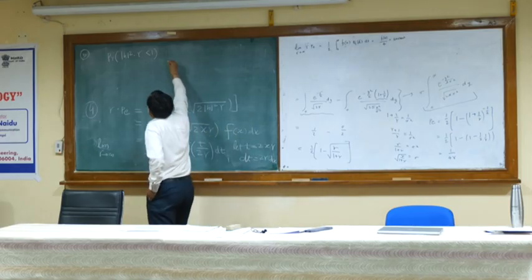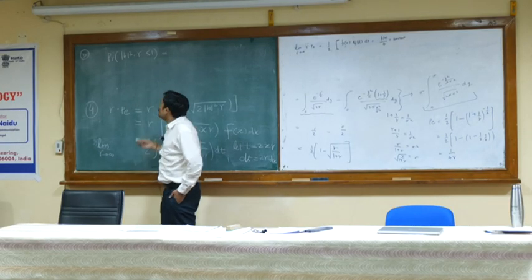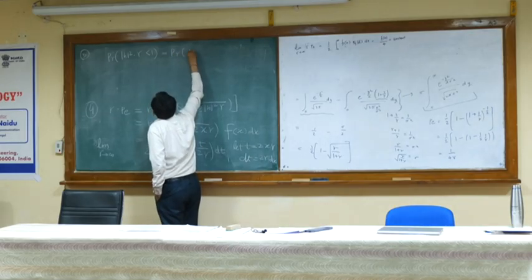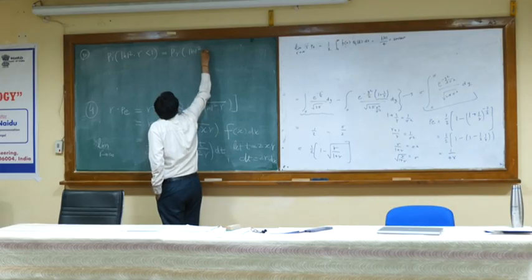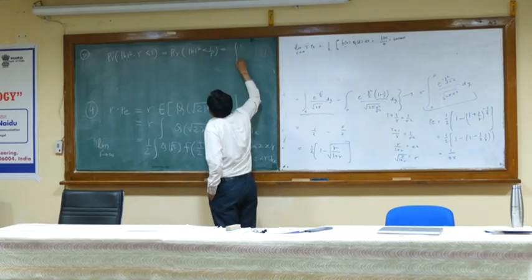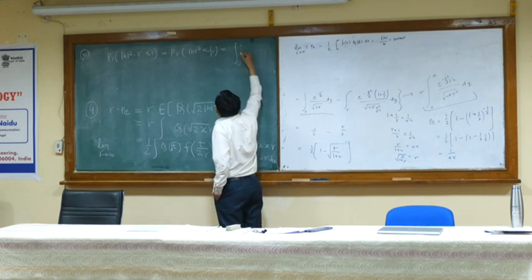So mod of h square is exponentially distributed, right? So we can write this value as probability that mod of h square is less than 1 by gamma. And since this exponential distribution is positive, we go from 0 to 1 by gamma.